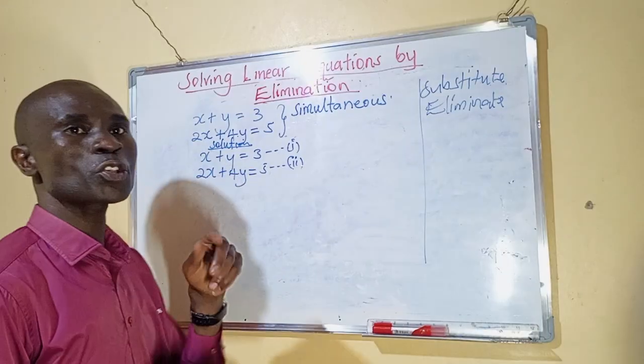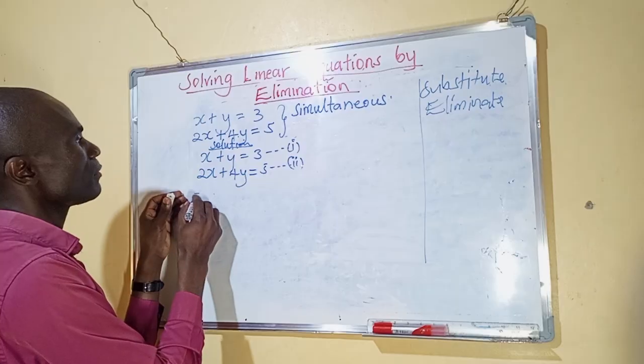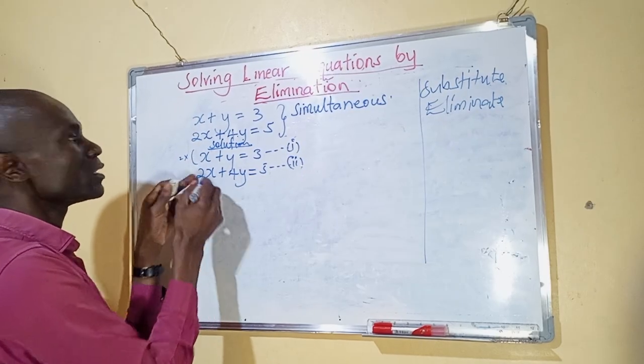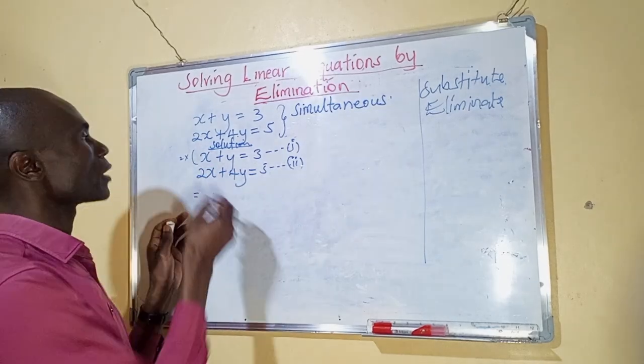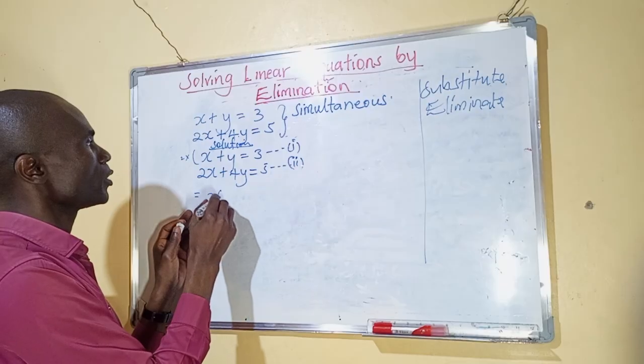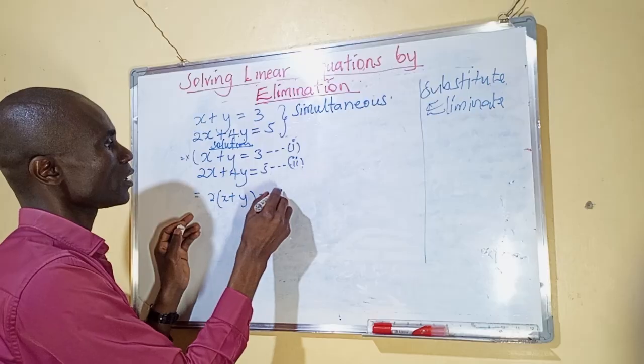So this is what we do now. Multiply the first equation by 2. This one is retained, or we multiply by 1. So if we do that, we shall have 2 into x plus y is equal to 3.